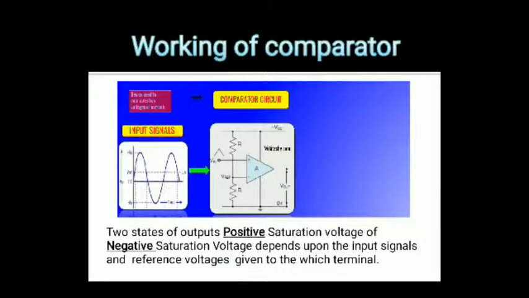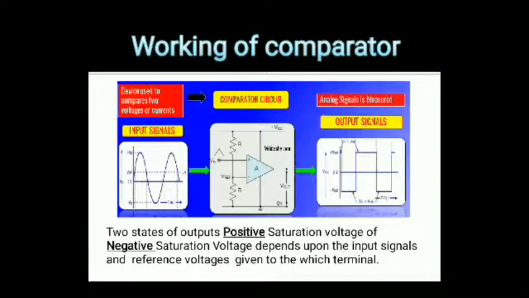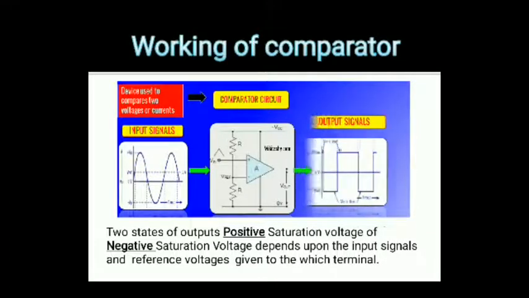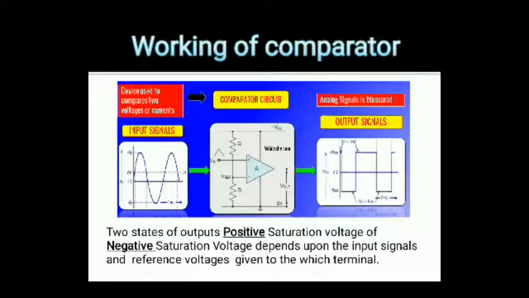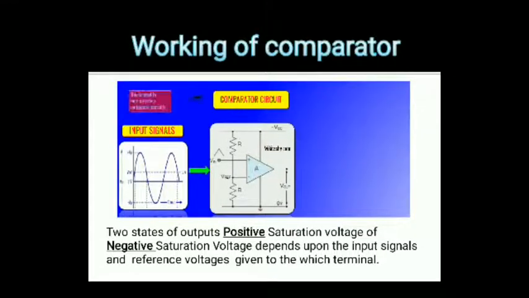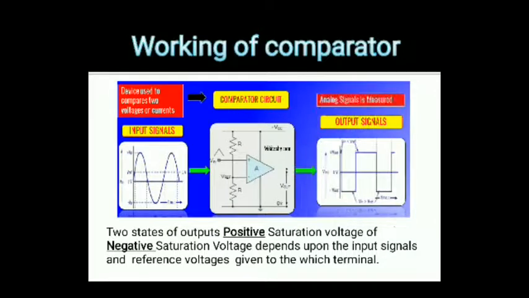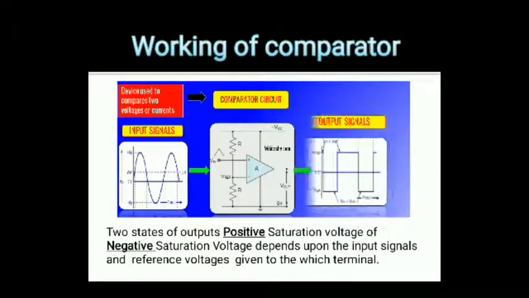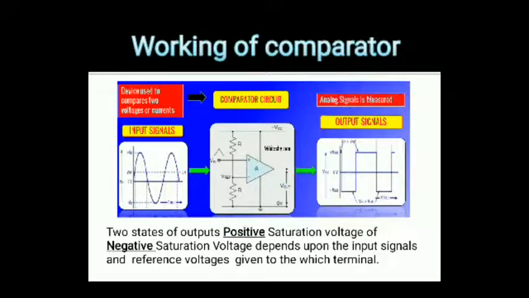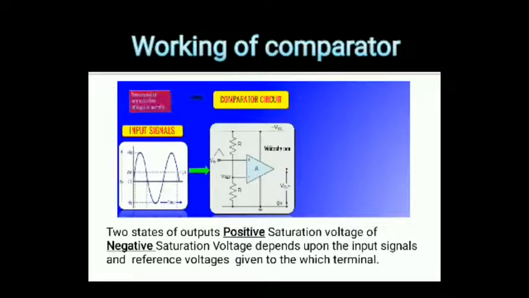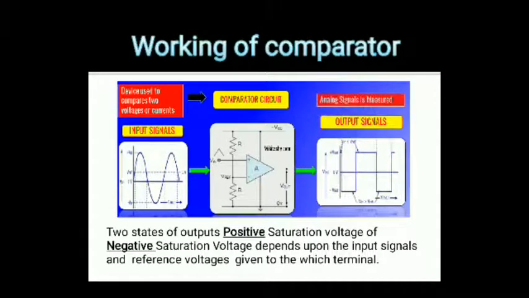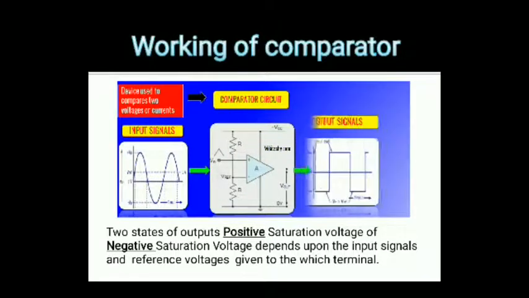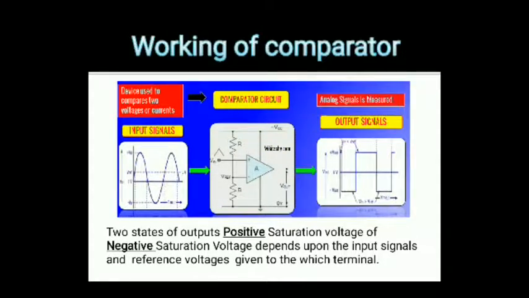Working of comparator. We already discussed the basics of comparator. In this diagram, the input signal, that means a time varying signal, is applied to the non-inverting terminal and some known reference voltage is applied to the inverting terminal. Whenever the input signal is greater than the reference voltage, the output will be positive saturation, that means the output is in one state.